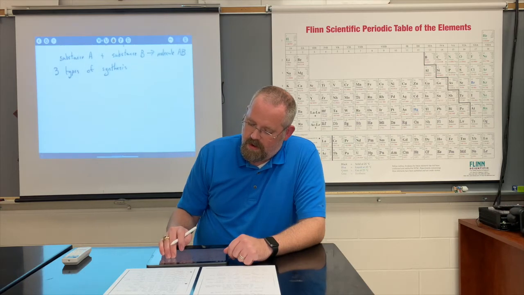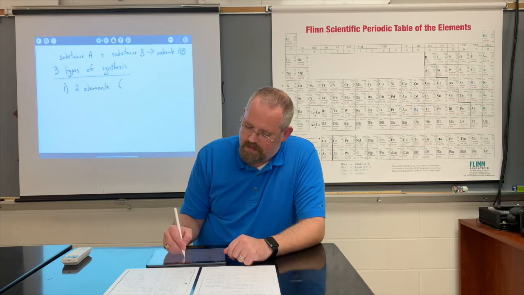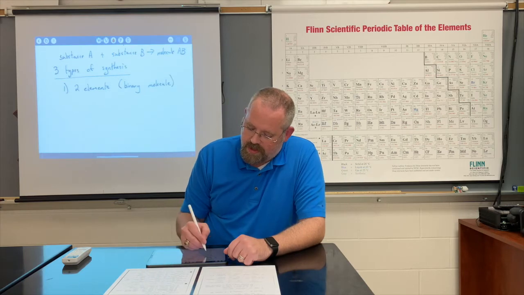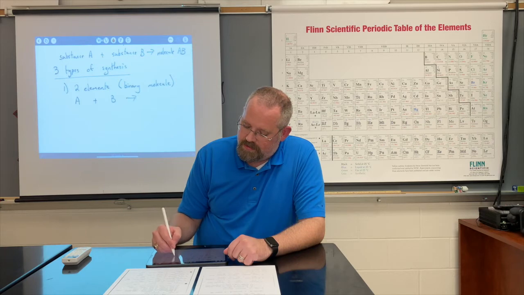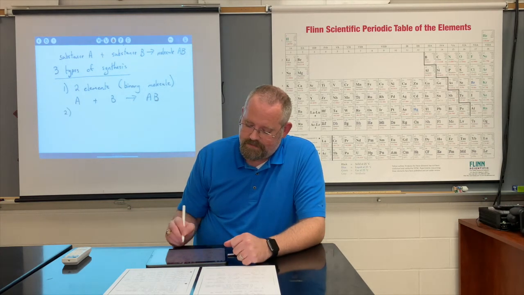All right, our first type is going to be when two elements combine. This is going to be a binary molecule. And just like I have above, A plus B yields AB. Pretty straightforward.